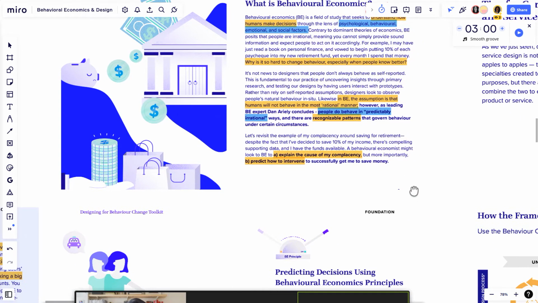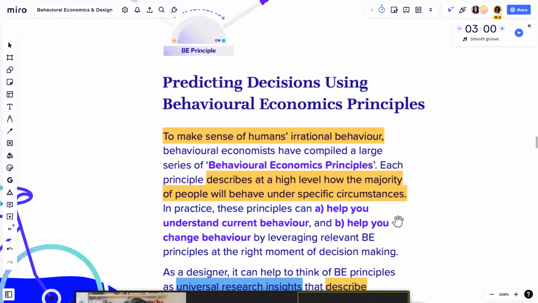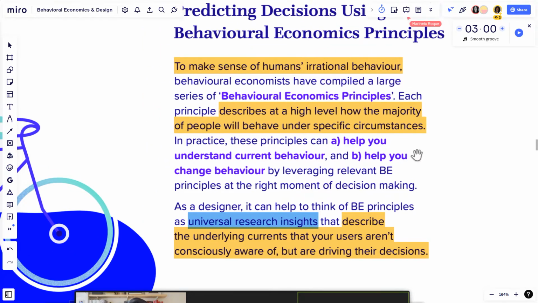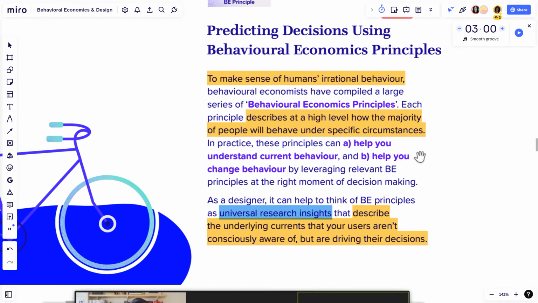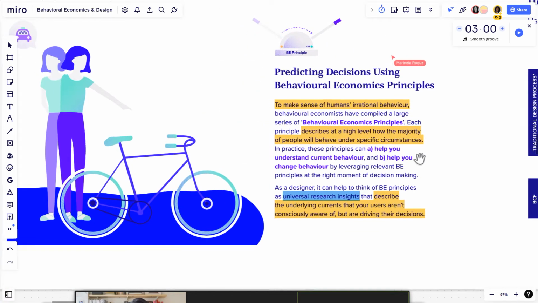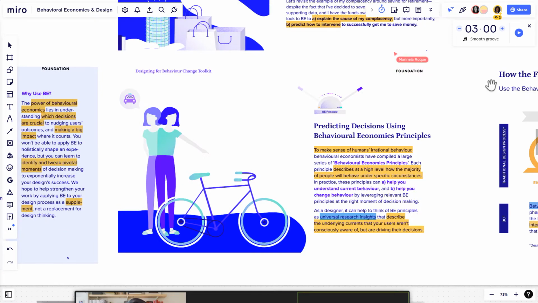So, behavioral economics, in summary, tries to help explain the cause of a situation and also help to predict how to intervene in those moments and those actions. You can have a look here at further details on how this field of science can help us in designing products and bringing products that can help us influence people's decision.